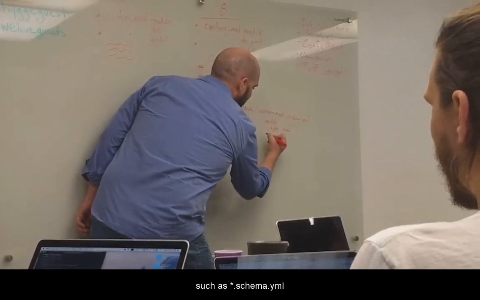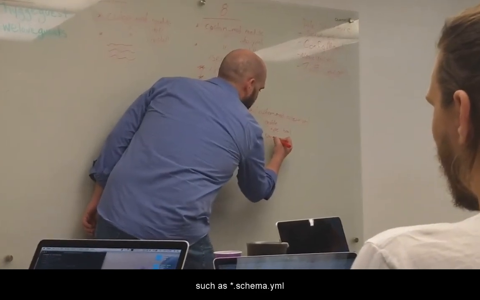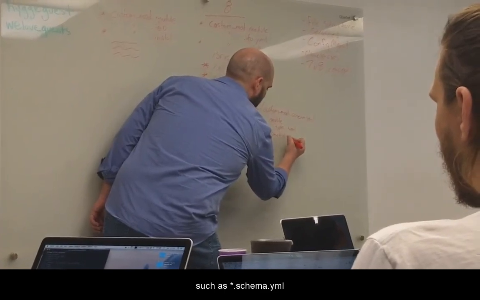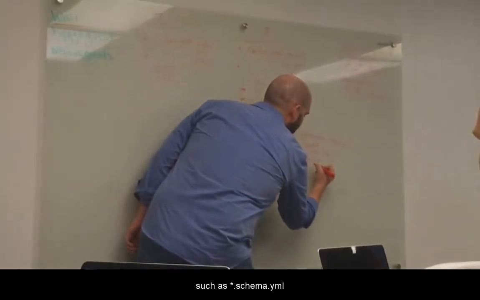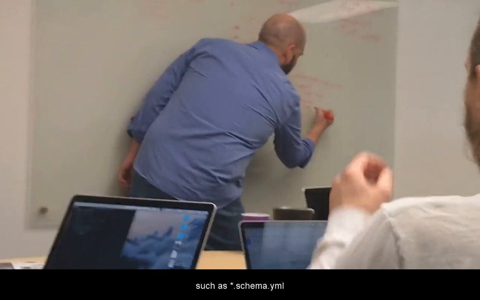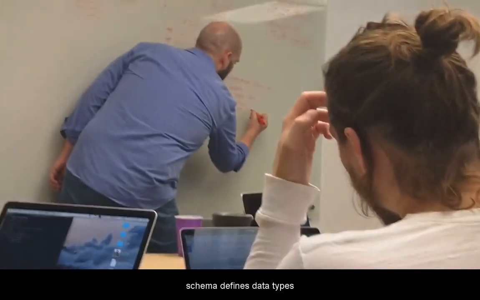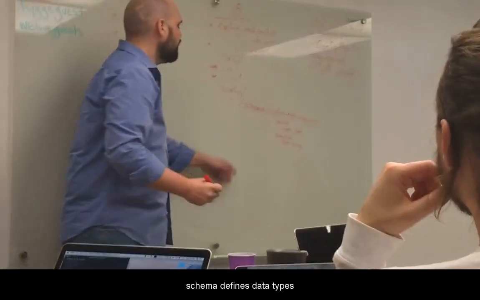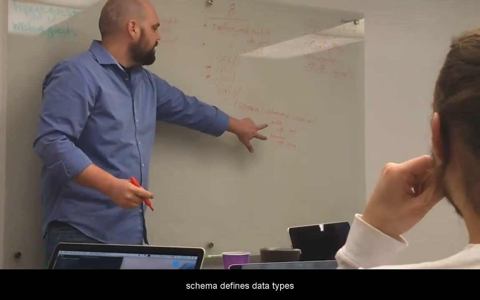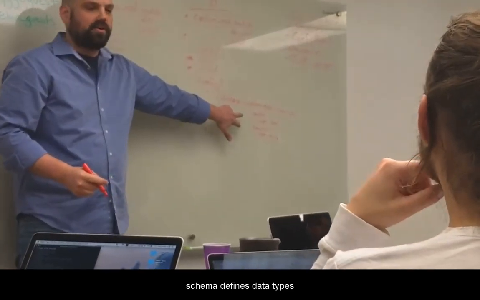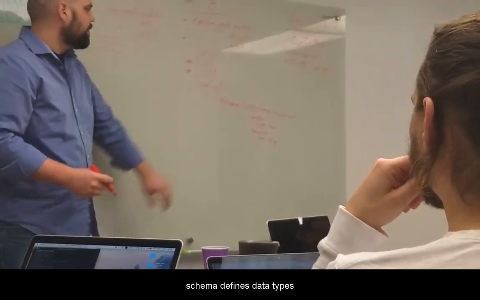And I have another setting called someText, and it is of type string. So the schema just defines the data types of our configuration object.